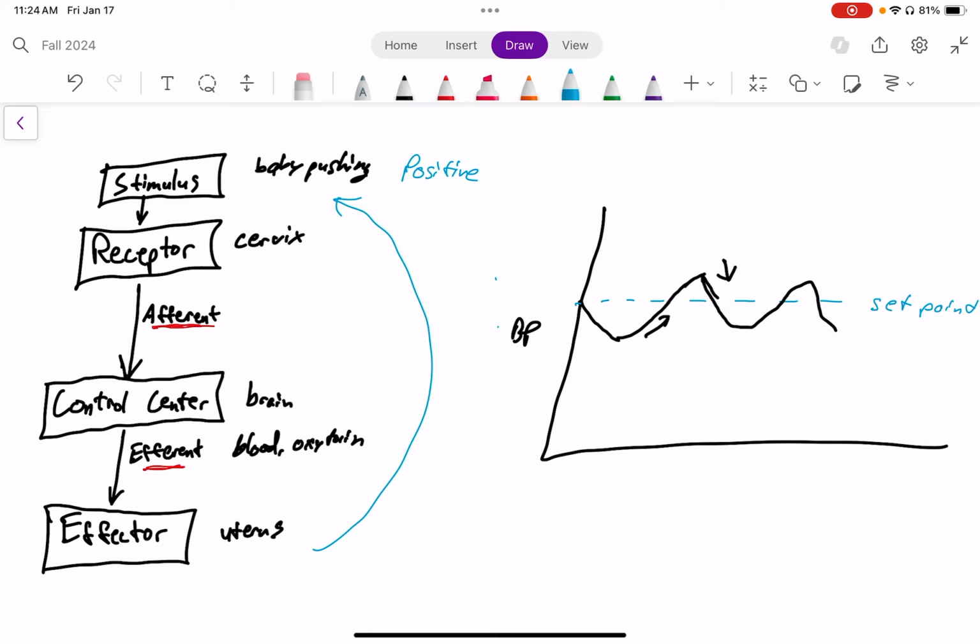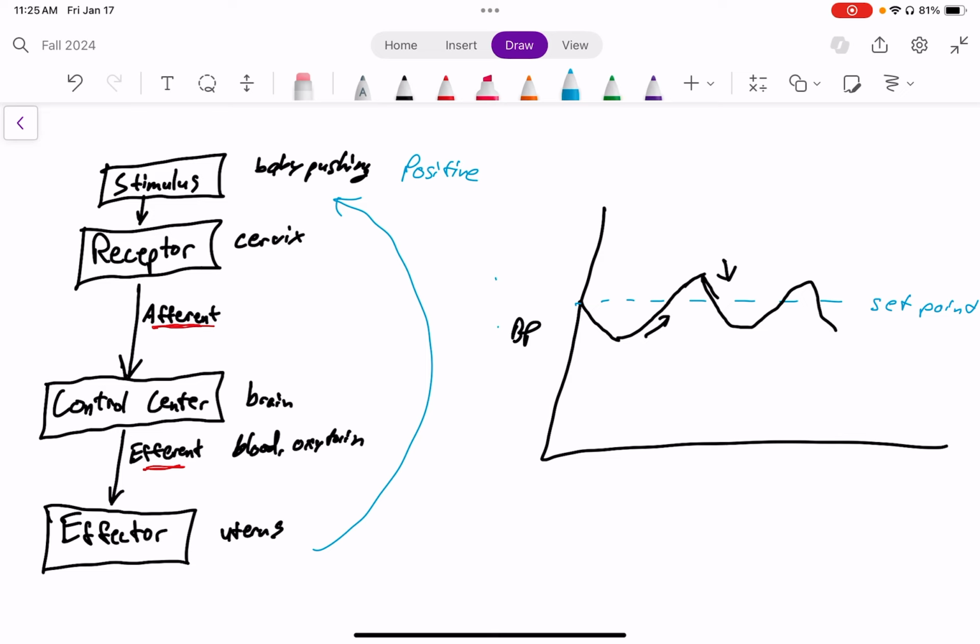Oxytocin goes further, the uterus contracts more. And that results in a positive feedback loop because that goes back and causes the baby to push more on the cervix. The variable, the baby pushing, doesn't stop putting pressure on the cervix. It keeps increasing and increasing, moving further away from set point.